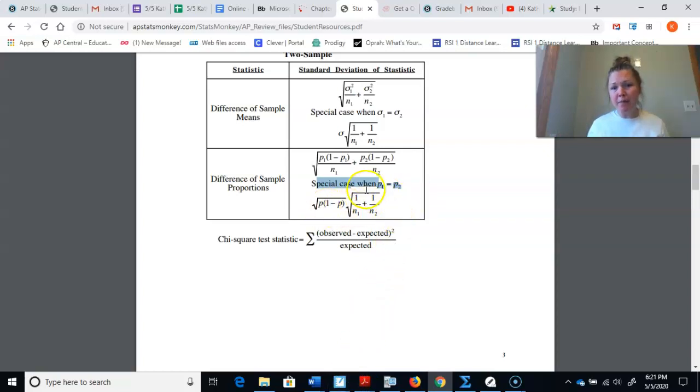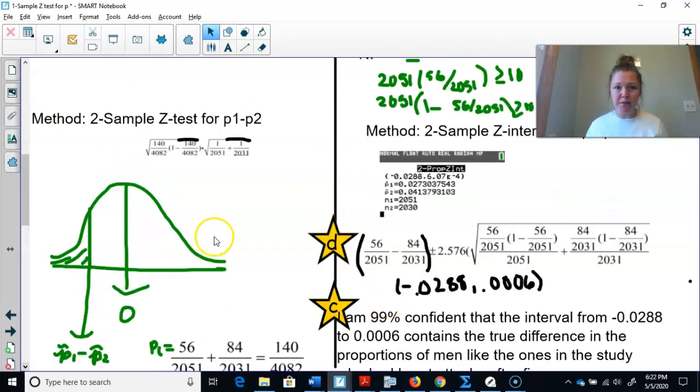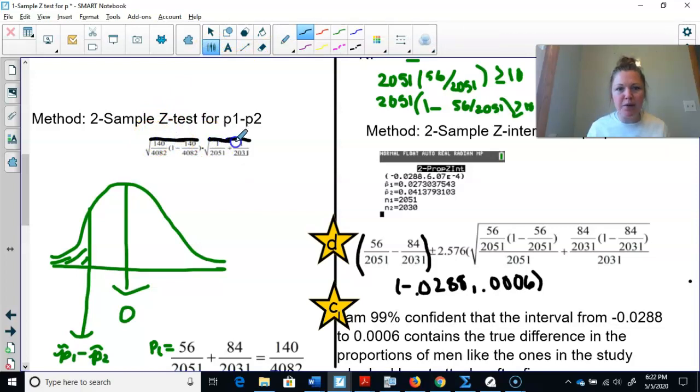Okay, what do I do with that then? Once I combine them, I need to plug it into this formula, okay? So the square root of P combined times 1 minus P combined, times the square root of 1 over N1 plus 1 over N2. I filled that out for you to save some time, and you can see that right here. The line didn't go all the way over, so that's why I have that black line right there. And if that doesn't look nice to you, I can try to go like this for the top of that square root, if that helps.